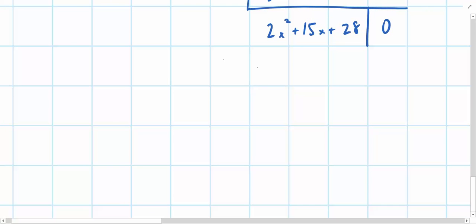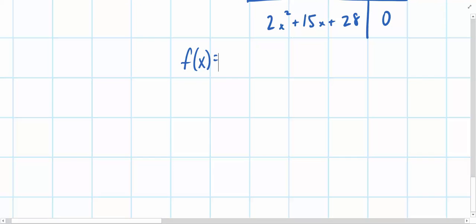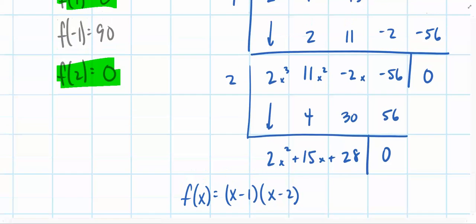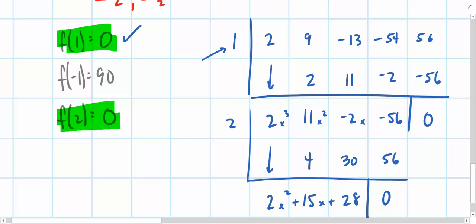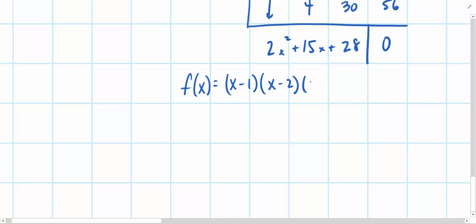And so the original polynomial, f of x, could now be written partially factored with an x minus 1 and an x minus 2. Those two factors come from these two zeros that we found originally. And we have this 2x squared plus 15x plus 28.